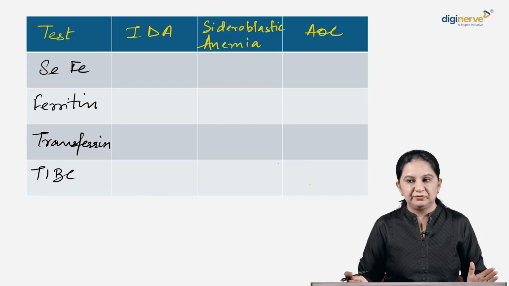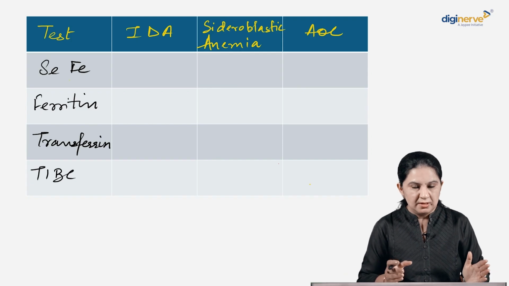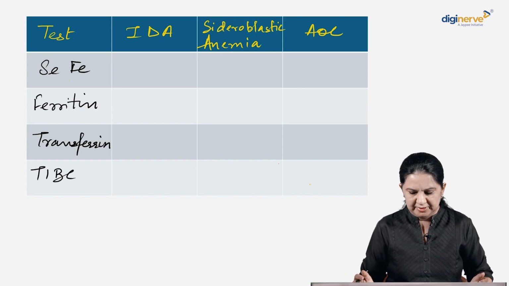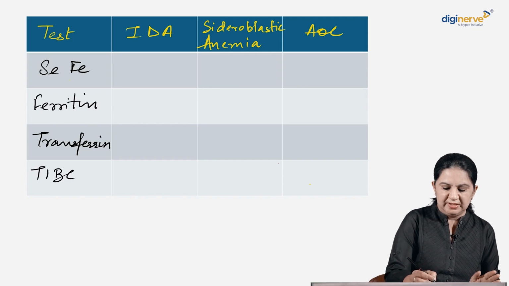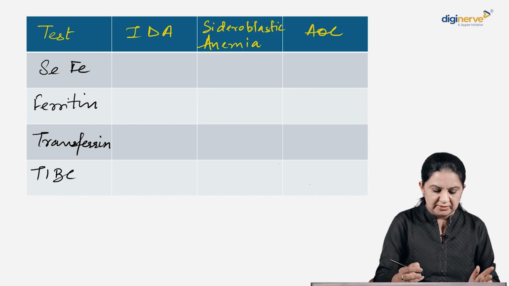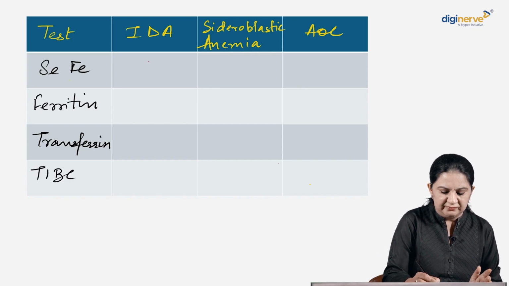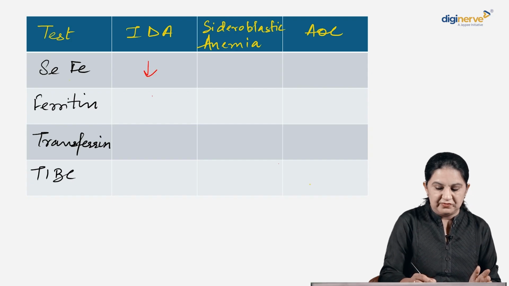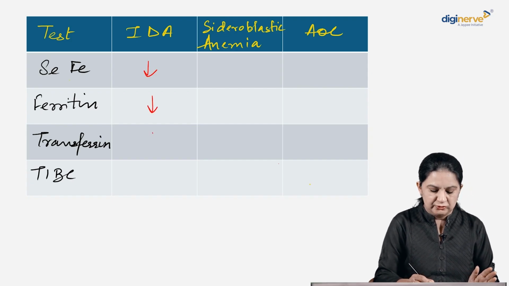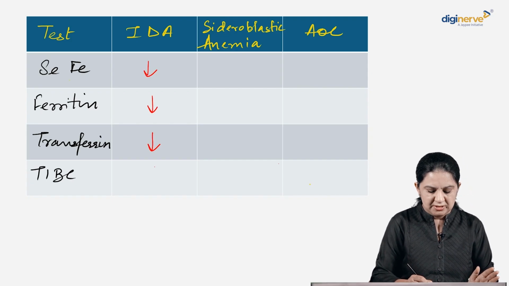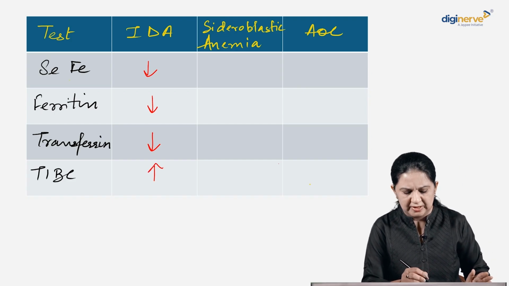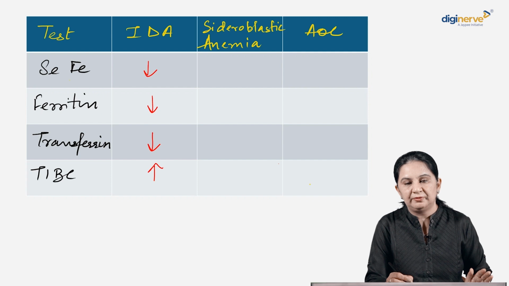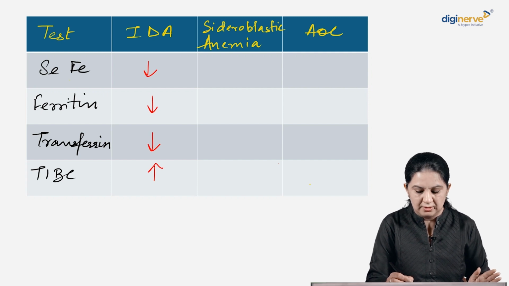So what will happen to the various iron parameters in all the three microcytic hypochromic anemias? Beginning with iron deficiency anemia, let us quickly revise together. In iron deficiency anemia, iron would be decreased, ferritin would be decreased, transferrin would be decreased, TIBC would be raised. Coming to sideroblastic anemia, what will happen to iron, whether it will be low or high?